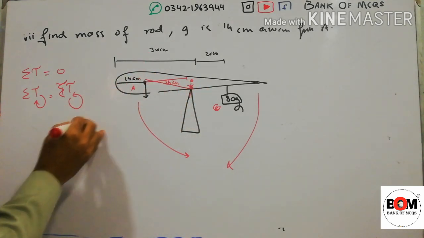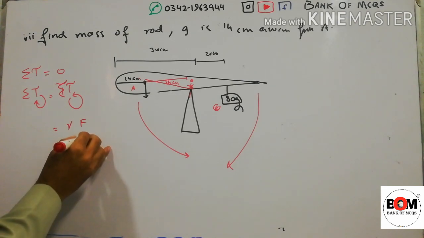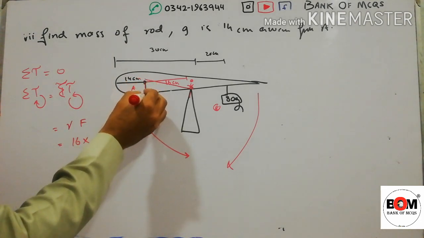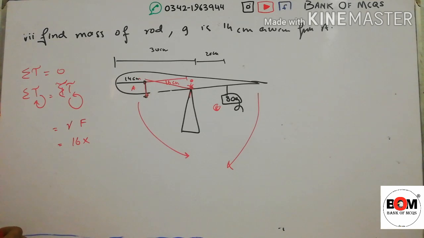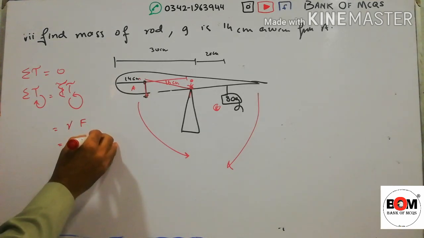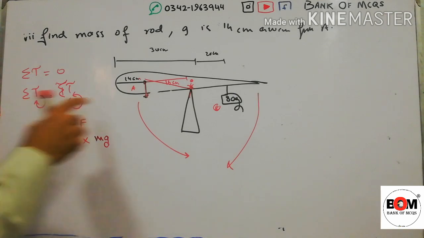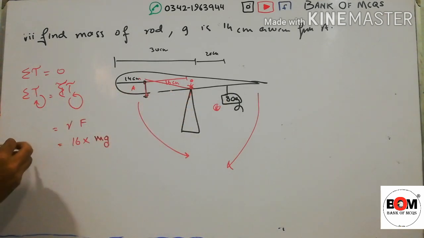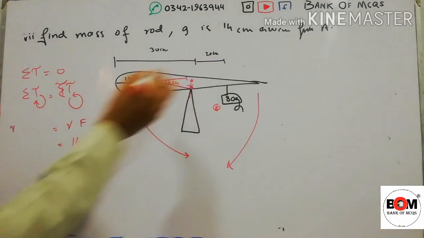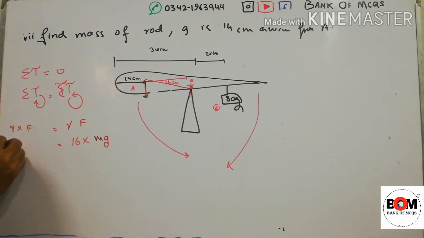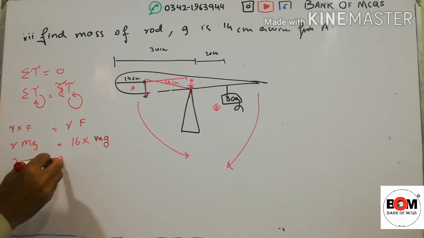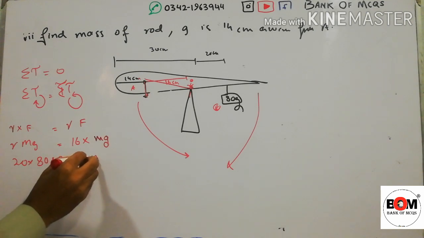Torque is equal to RF, where R is 16 multiplied by its mass, which we have to find, and F is equal to mg. Next, clockwise torque is equal to the 80 gram mass, and R is 20 centimeter. R cross F, or R mg. Here R is 20, M is 80 gram and g is 9.8.